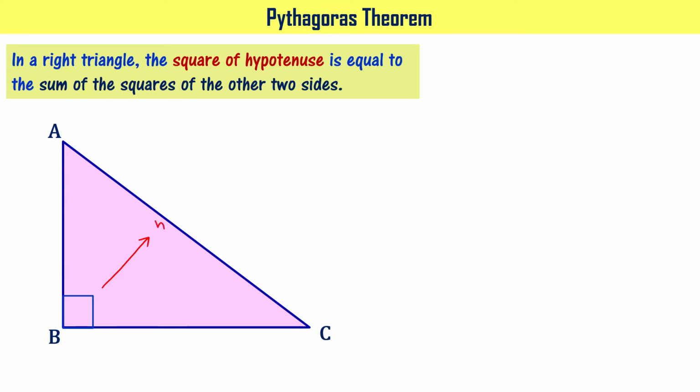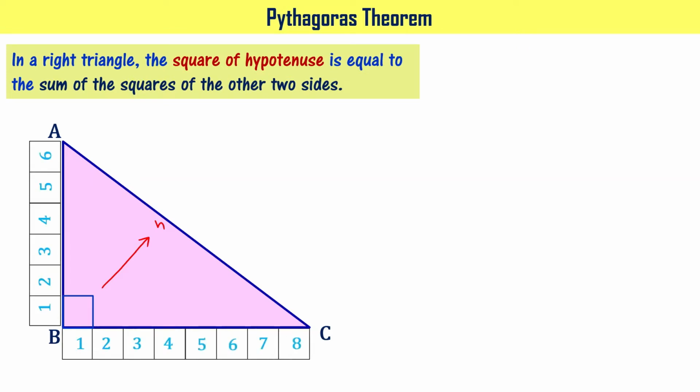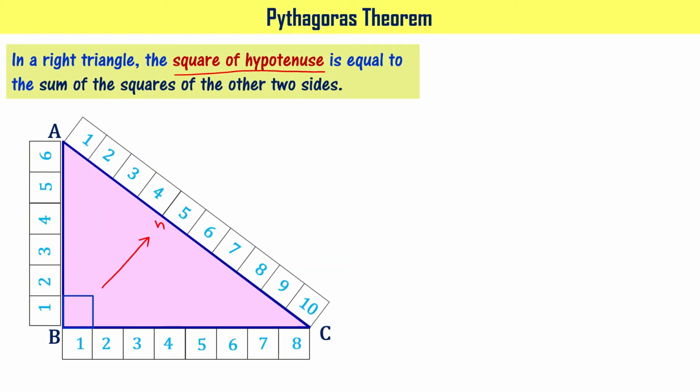Let me write this. So line AC is hypotenuse, right? Now let's take measure of sides of this triangle. AB is of length 6 units, BC is of length 8 units, and AC is 10 units.